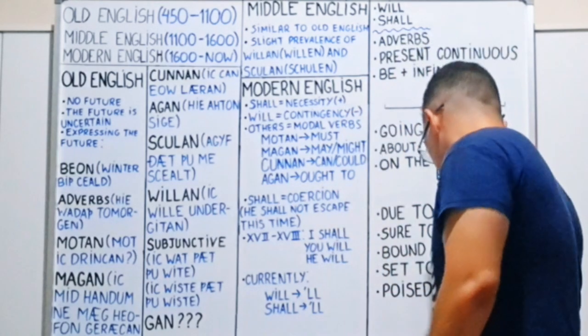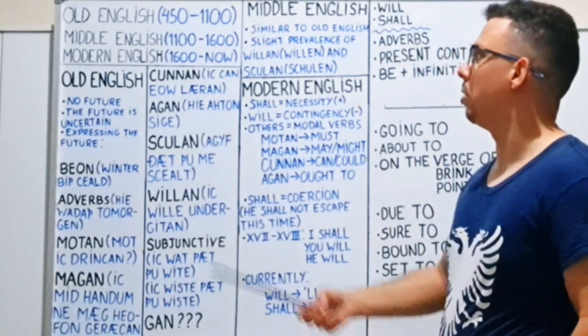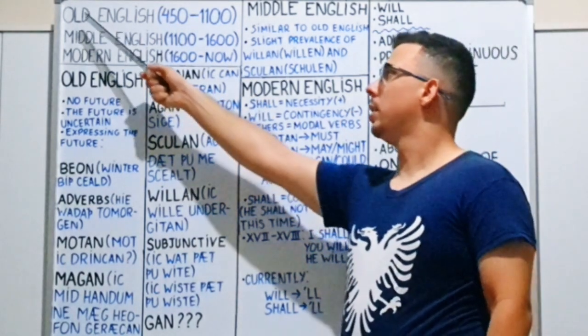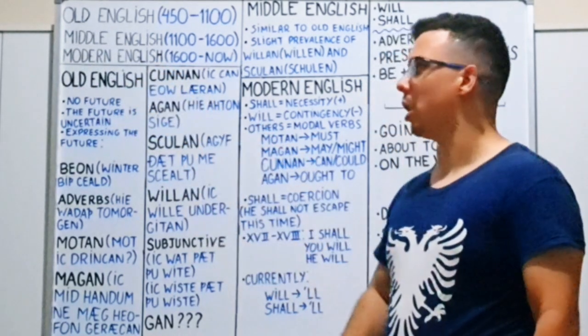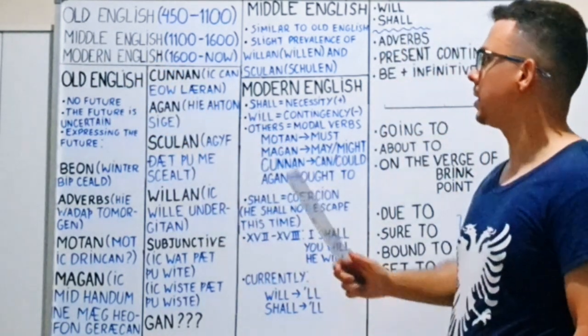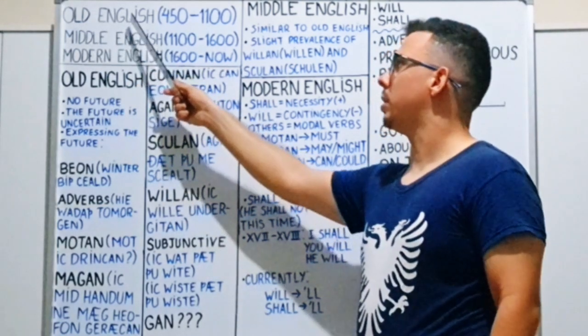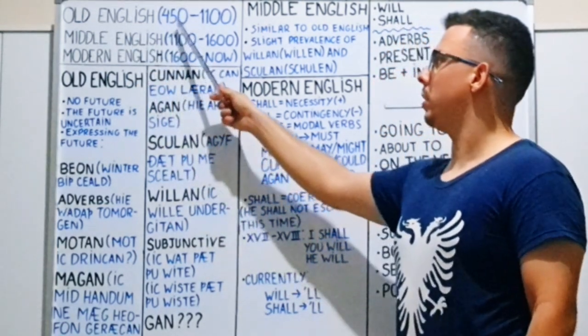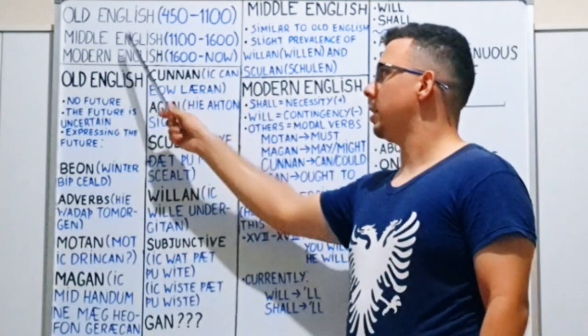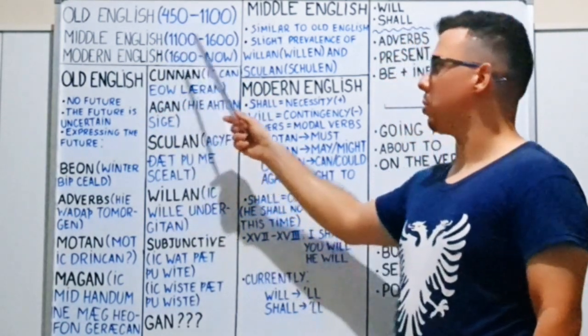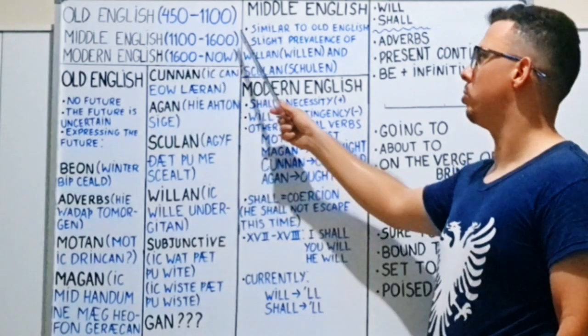So let's start. Well, first of all, we should tell apart the three periods of the English language. Not everyone knows about that. So the Old English period from 550 until 1100. Middle English from 1100 until 1600.